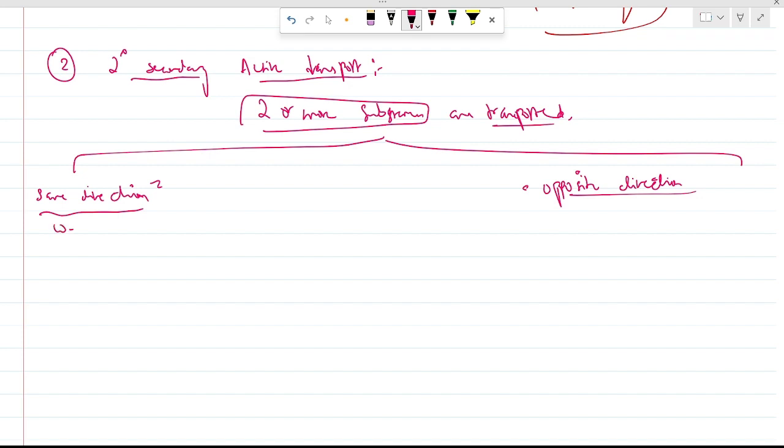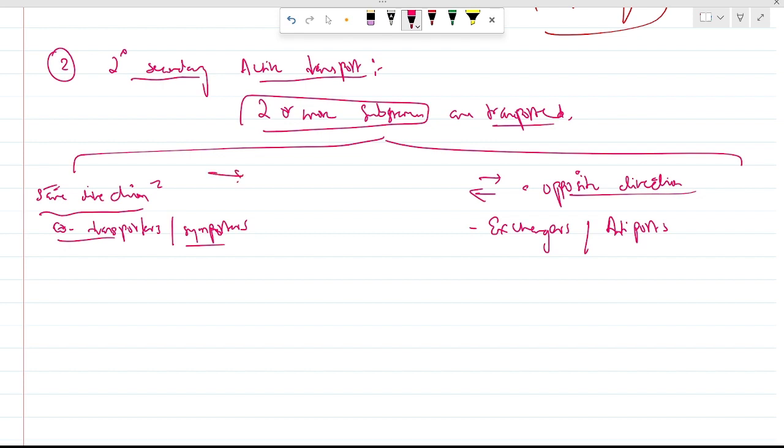Those in the same direction are called co-transporters or symporters. In the opposite direction, these are called exchangers or antiporters. Two or more substances are exchanged in the opposite direction. Symporters transport two or more substances in the same direction, and exchangers or antiporters in the opposite direction.